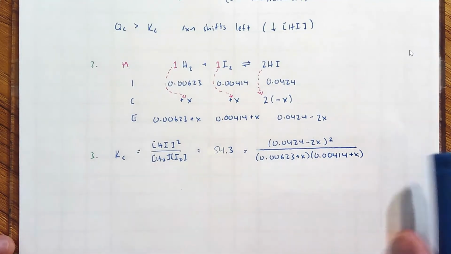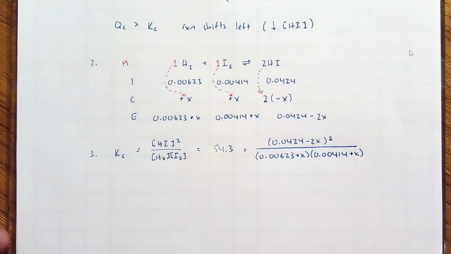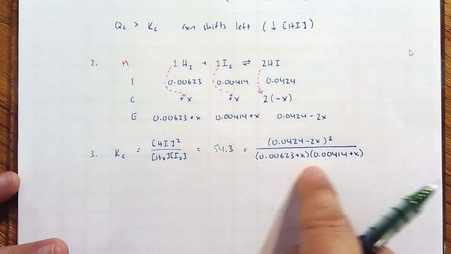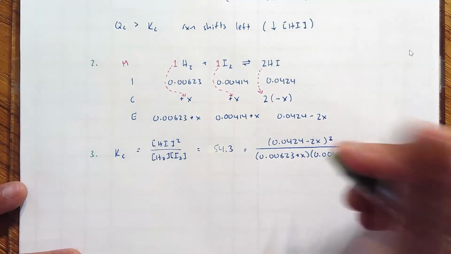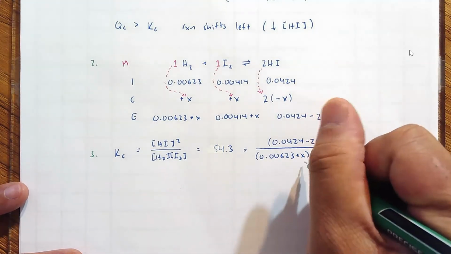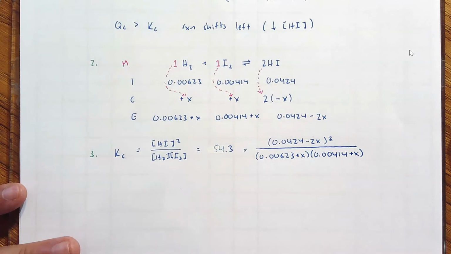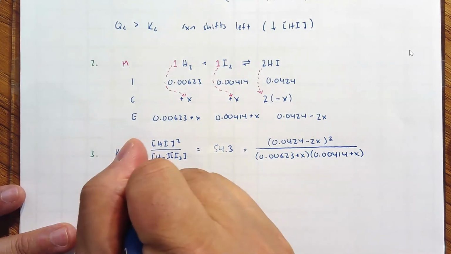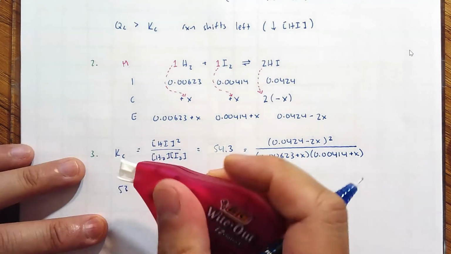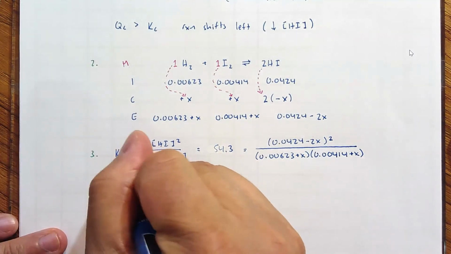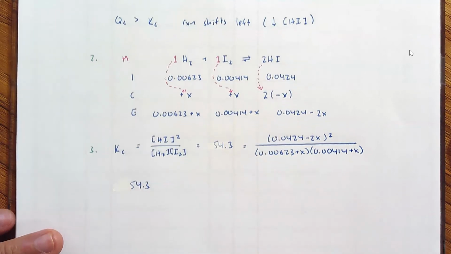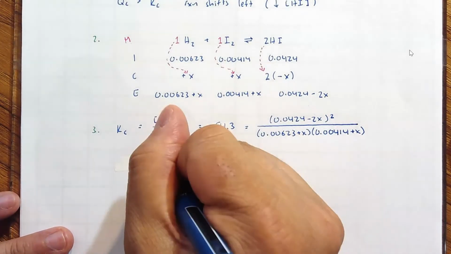We are going to have to, I call it expand, or do your multiplying the ins and the outs. I forgot the mnemonic for that, but here we go. 54.3. I don't know any shortcut to do this by hand.